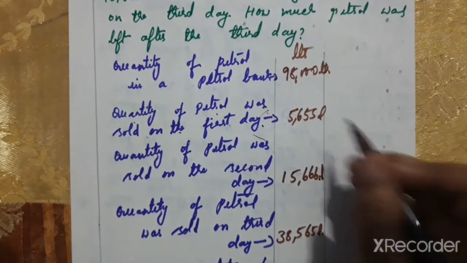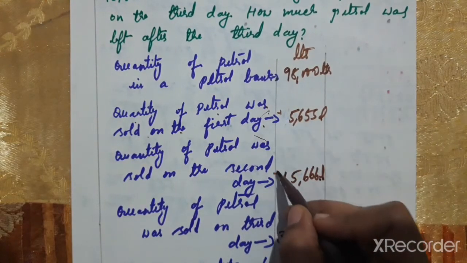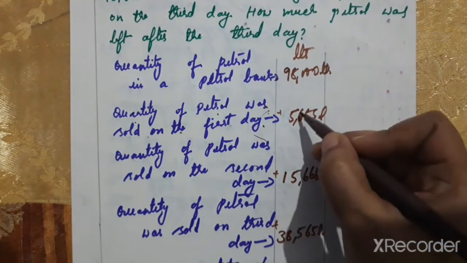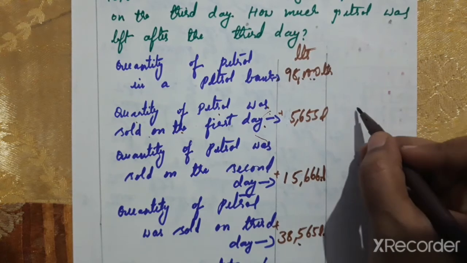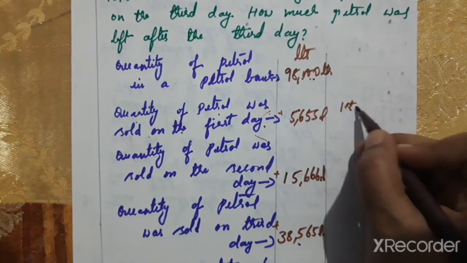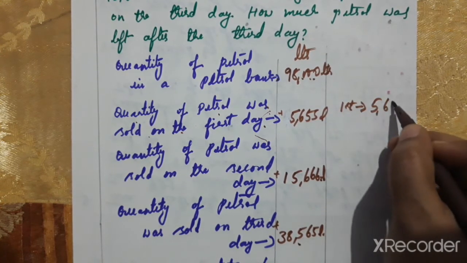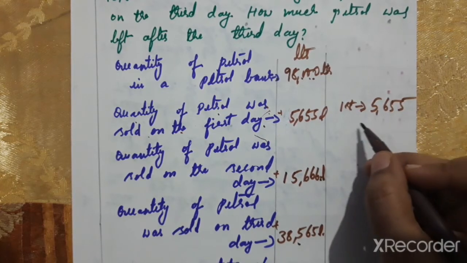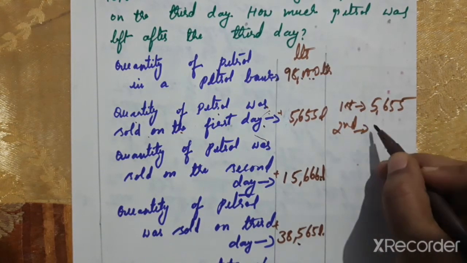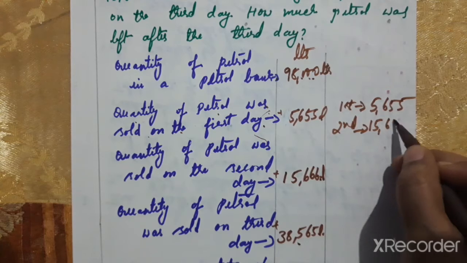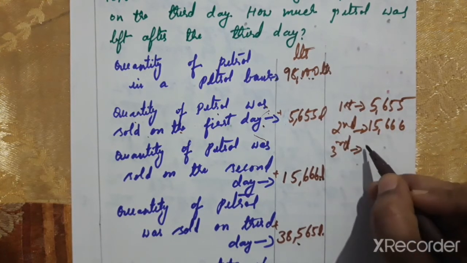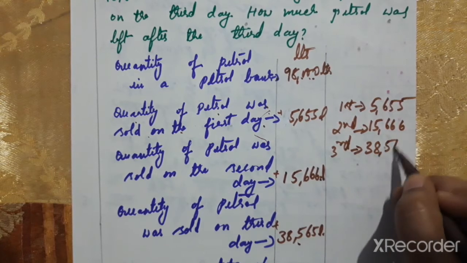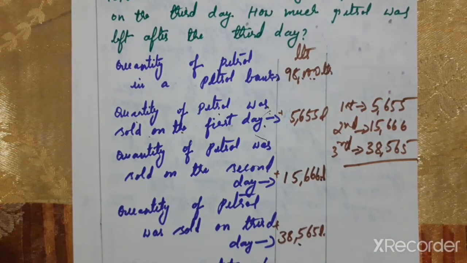So we have to add first, second, third, and minus with the total quantity. So first day petrol sold is 5,655 liter, second day is 15,666 liter, and third day is 38,565 liter. That we have to add.